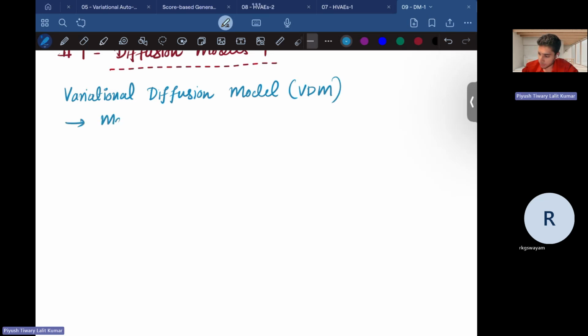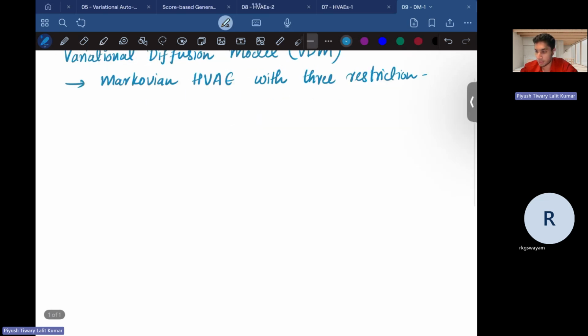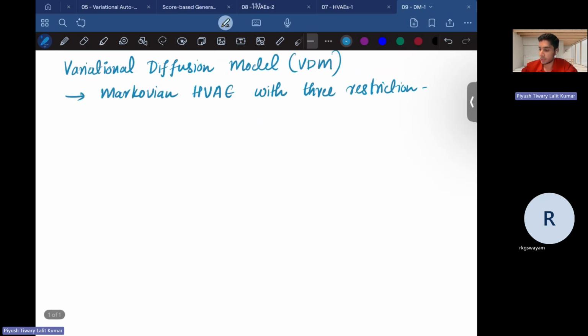It is simply a Markovian HVAE with three restrictions. Okay, so we know what Markovian HVAEs are. We derived the loss functions and objectives for that in the previous two lectures.